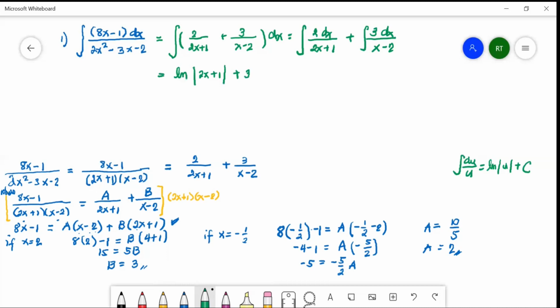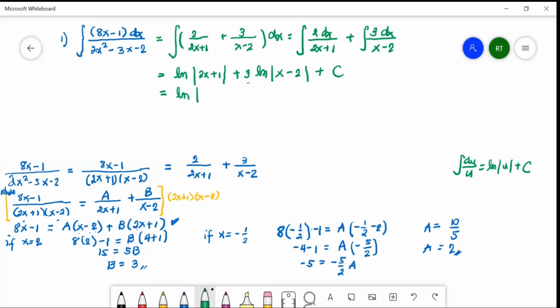Then plus, okay, now please take note that the second integral also leads to natural logarithm. The differential of the denominator x minus 2 is equal to the differential of x. Therefore, 3 times the integral of dx over x minus 2 leads to ln of the absolute value of x minus 2, then plus the constant of integration. Now, we can also simplify this by using laws of logarithm. Okay, in the second term, we can use the third law of logarithm.